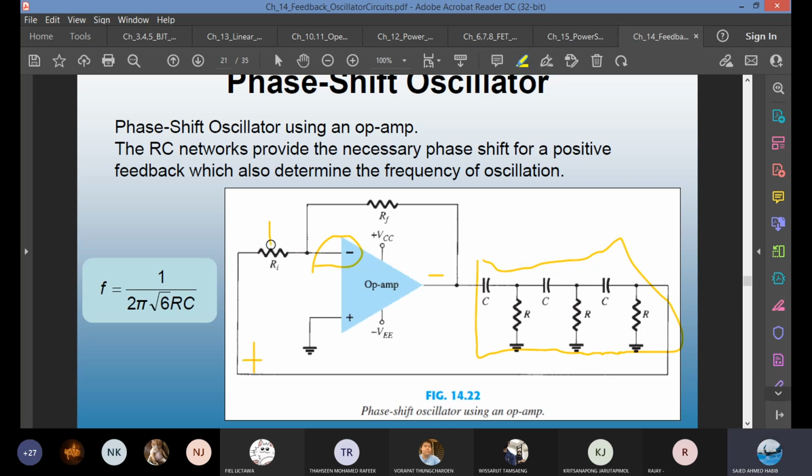Originally, you have to start with plus. Let's say you give a plus voltage. This, you're getting a minus. After you pass through the RC stage, you have plus. You come back to the same polarity as the original signal, then you have a positive feedback. Equation remains the same, 1 over 2 pi RC square root of 6.